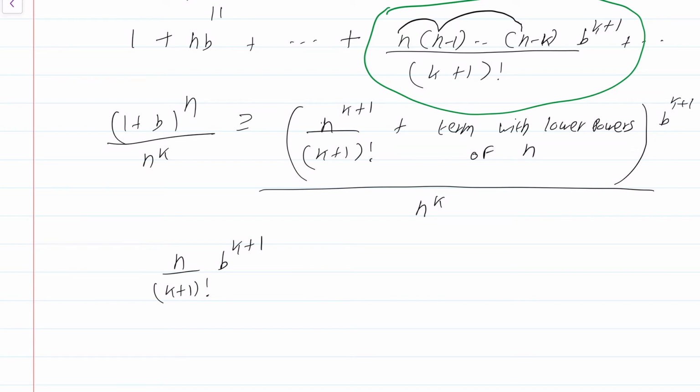Then there are all lower order terms whose coefficients could be very complicated, but I don't really care about the coefficients. All I care about is how they look. And you can see that I can just take everything outside and it will look like c1 by n plus dot dot dot c k plus 1 by n power k plus 1.